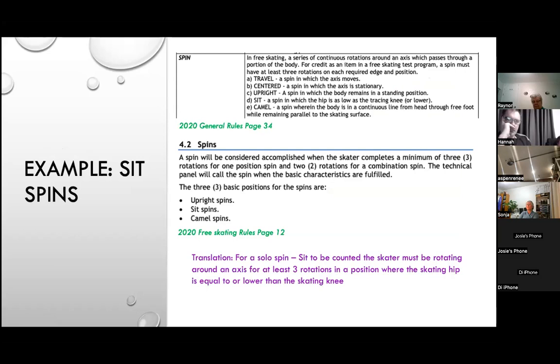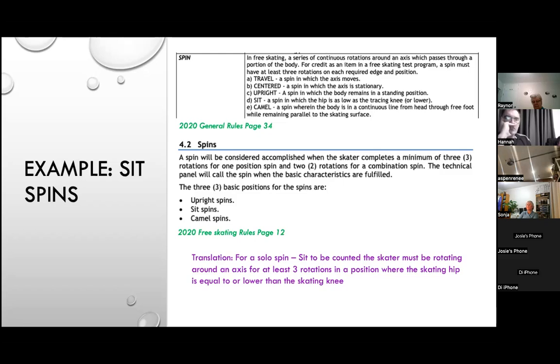And it gives you some examples of spins, and it talks about a traveling spin, which is a spin with which the axis moves, a centered spin, which is the axis being stationary, and then upright, sit, and camel.